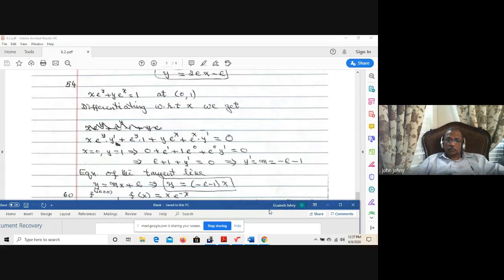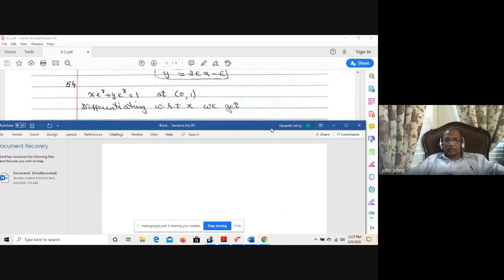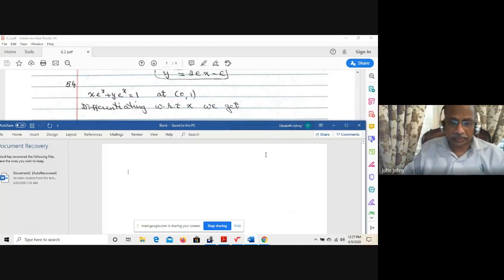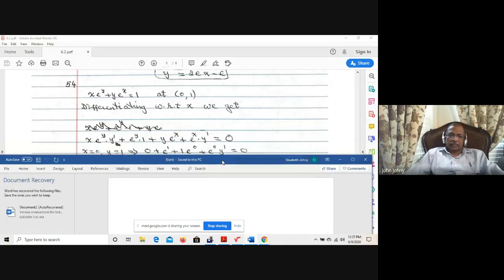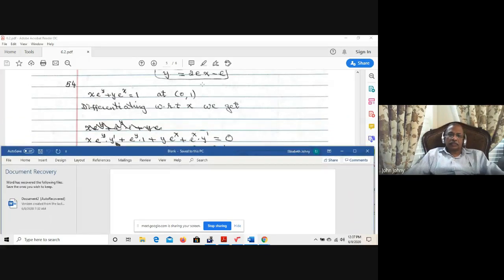Number 54. Same thing. You have to differentiate this by using the implicit differentiation. You differentiate with respect to x. First, product rule. First function, x times derivative of e to the y. Derivative of e to the y with respect to y is e to the y. But in this case, it is with respect to x.